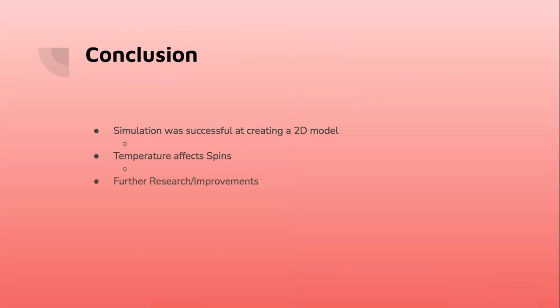In conclusion, the simulation creating the 2D model was successful. Temperature does affect spin. There could be further research and improvements, but the important thing to remember is that a Monte Carlo via Ising model can illustrate and predict how molecules will behave if the temperature is changed.